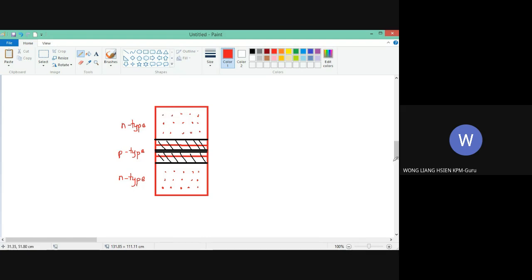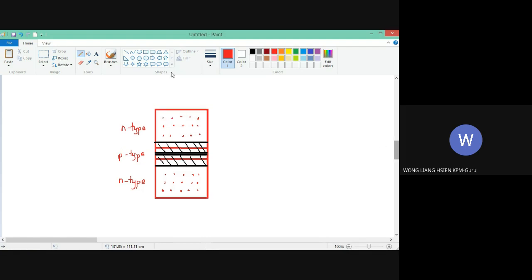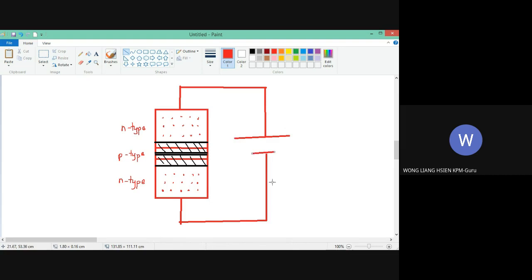Now when you connect this to the power source, let's see what will happen. Let's say this is positive and this is negative.